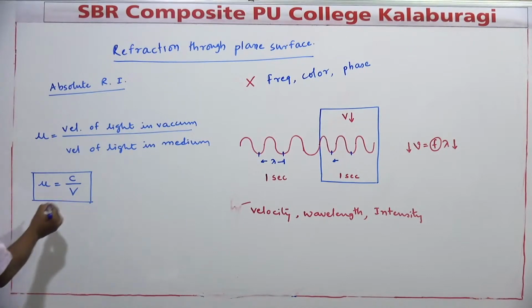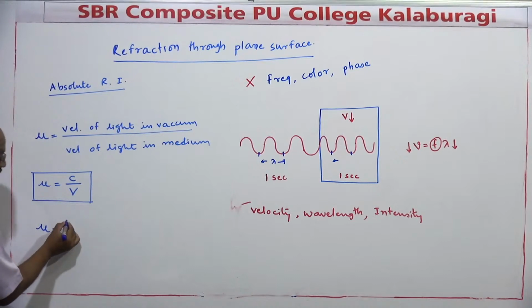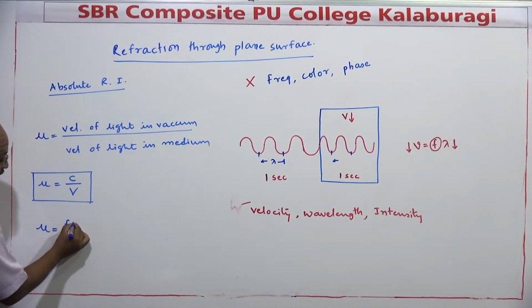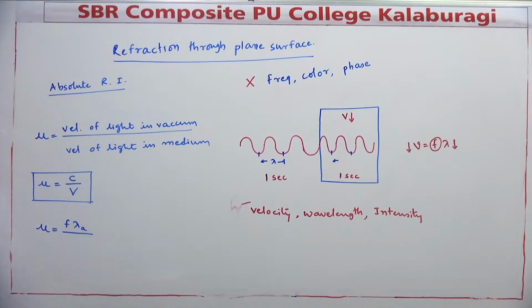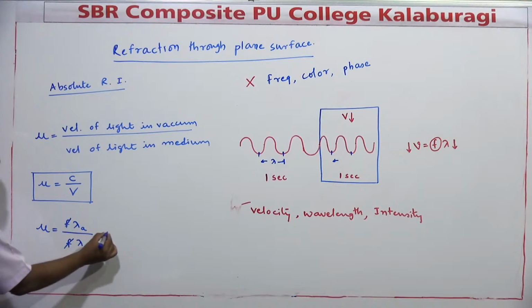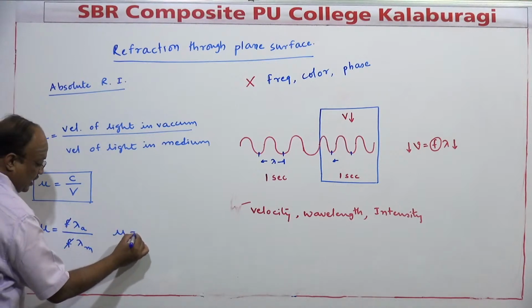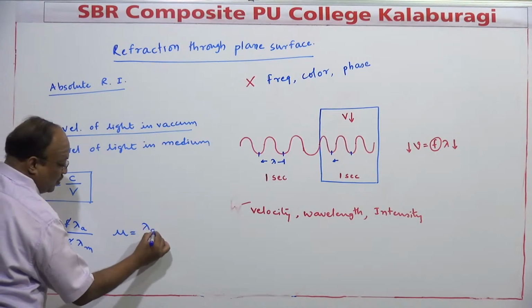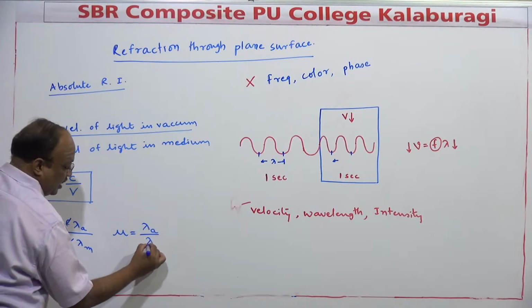I can write it as mu is equal to frequency into wavelength in air, divided by frequency into wavelength in the medium. So this frequency cancels. Even I can write it as mu is equal to lambda in air divided by lambda in medium.